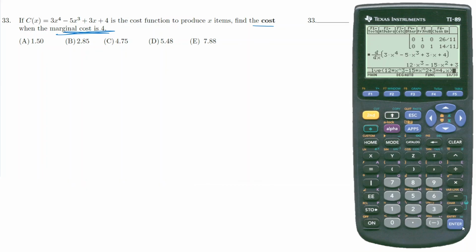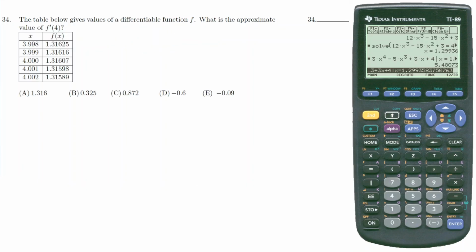Okay, so let it wait, it's a little bit busy. And once I find that, now I can plug it in. So 3x to the 4th minus 5x to the 3rd plus 3x plus 4, vertical bar, and then I just bring this over. Enter. 548D.